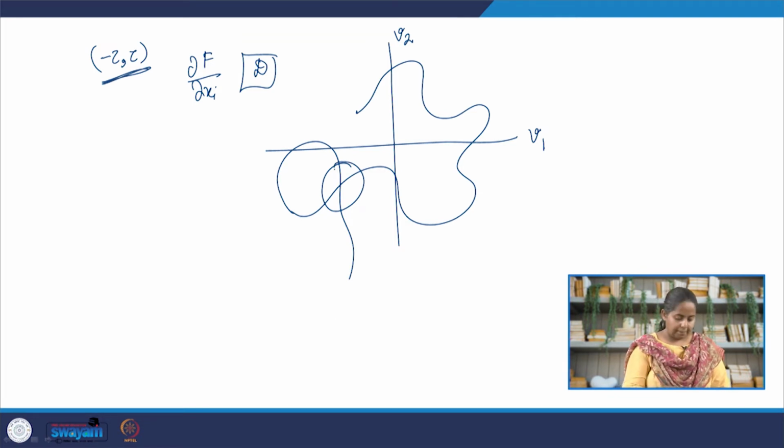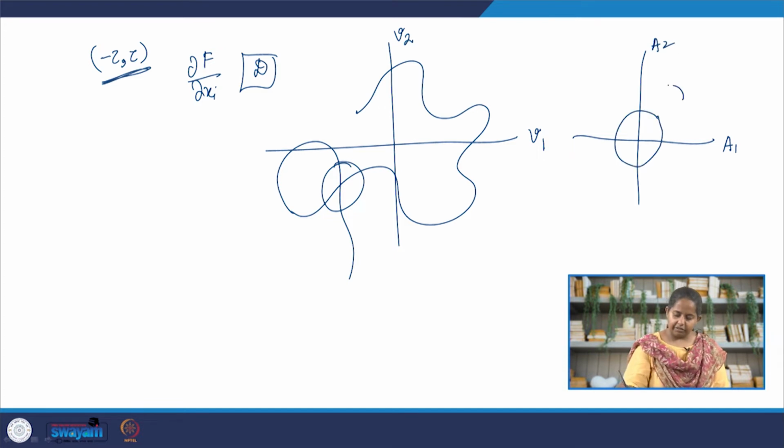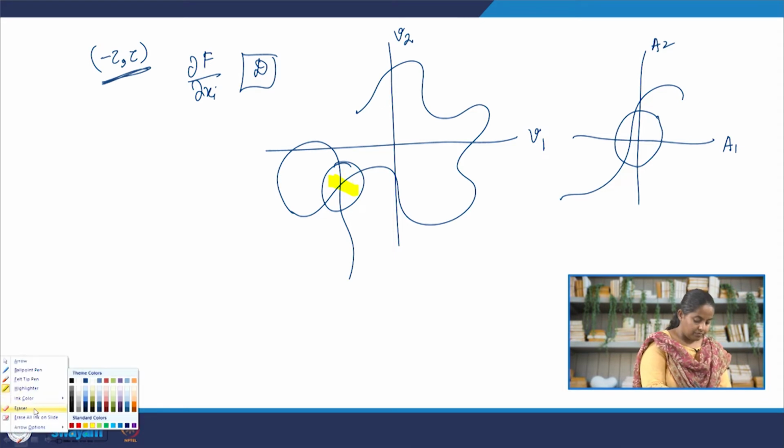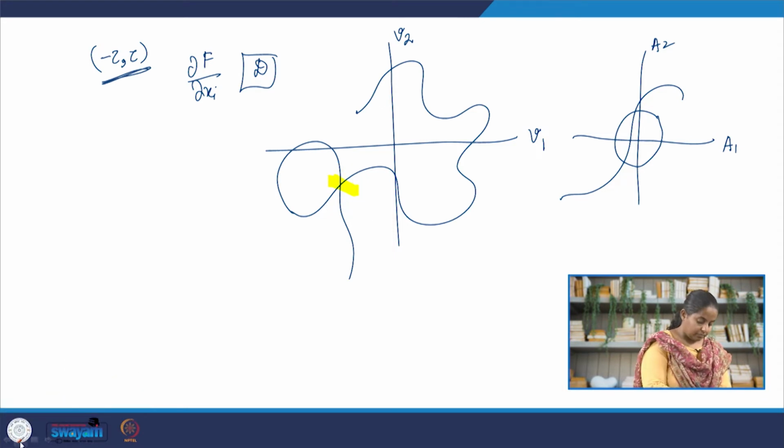Or let us say we have another phase portrait. Let us take variables a1 and a2, and we have one trajectory like so, and then we have another trajectory going like this. Here also we have two trajectories intersecting each other. In the earlier case, we have the trajectory intersecting with itself. Now the problem is at the site of intersection, so in this case it's here, and in this case we have two sites of intersection.